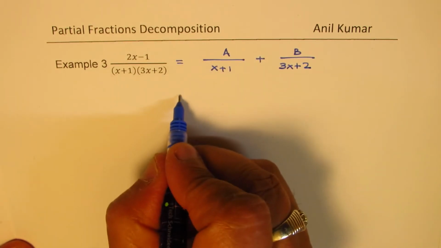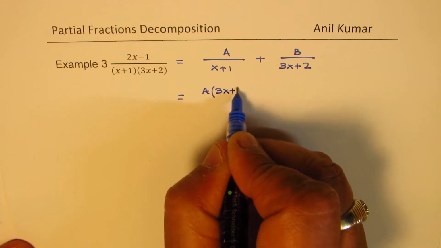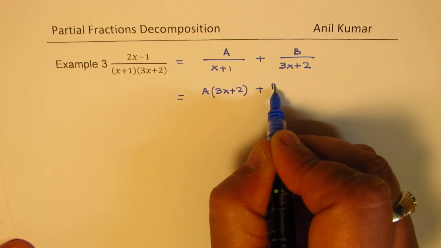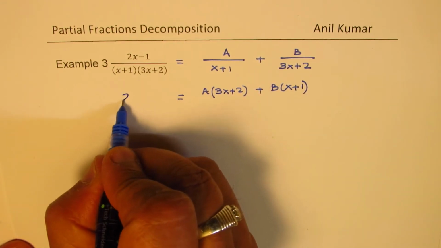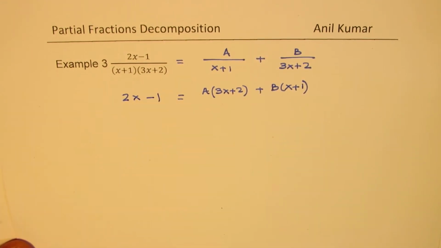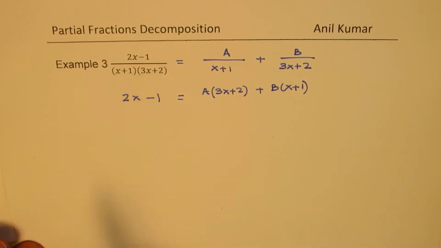Now if you cross multiply, you can do like this also. A times 3x plus 2 plus b times x plus 1 should be equal to 2x minus 1. Clear? So we multiplied both sides by x plus 1 times 3x plus 2.